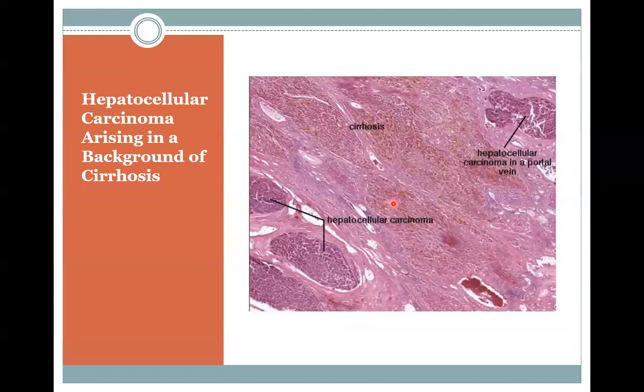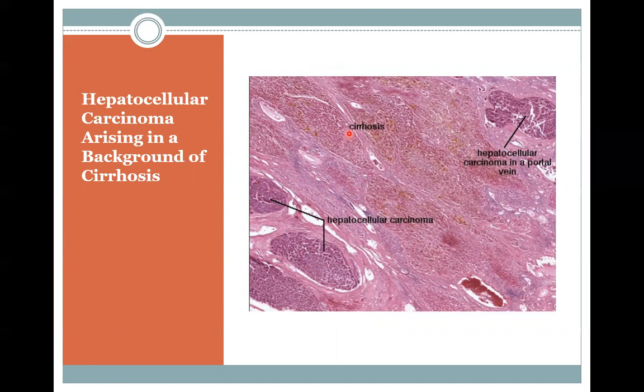Here's an example of hepatocellular carcinoma arising in a background of cirrhosis. So this is two nodules of transformed cells, of cancer cells. The rest of it is probably simply a regenerative nodule.